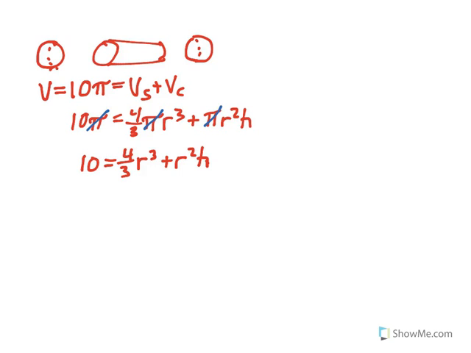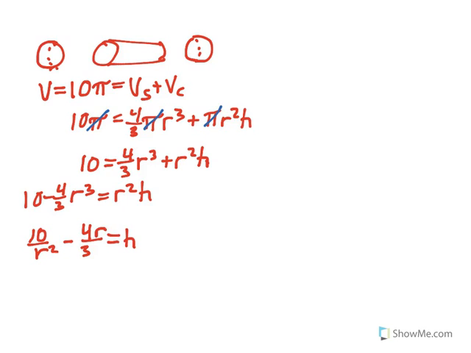So if we subtract the 4/3 r cubed part over, we'll get 10 minus 4/3 r cubed equals r squared times h. Divide both sides by r squared. That's going to give us 10 over r squared minus 4r over 3 is equal to h.